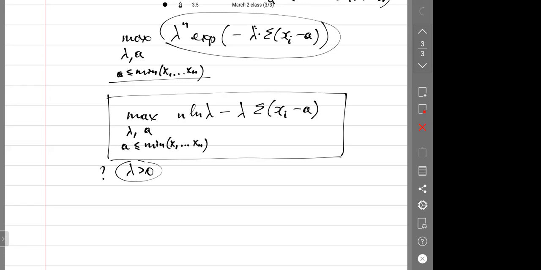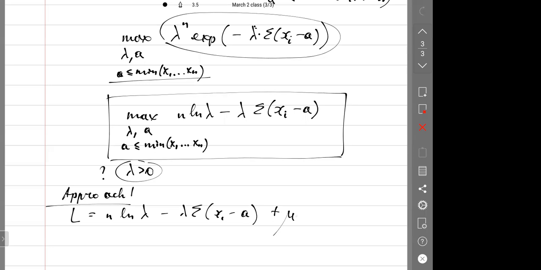Okay, let's move on. I can introduce something like a Lagrangian function; it is approach one. It's n ln lambda minus lambda sum of (x_i minus a) plus some mu times (minimum of x1, ..., xn minus a). So I may work with the Lagrange multiplier method, but the problem is that we have a non-differentiable condition.